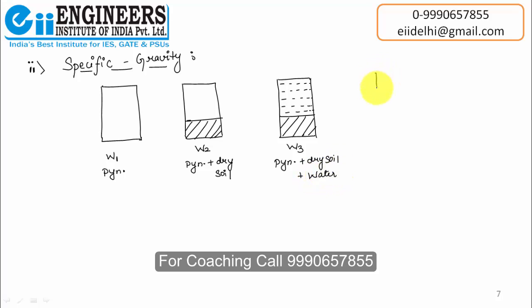Now I'll empty this pycnometer and fill the whole pycnometer with water. Now let us take this weight as W4. So this is pycnometer plus water.